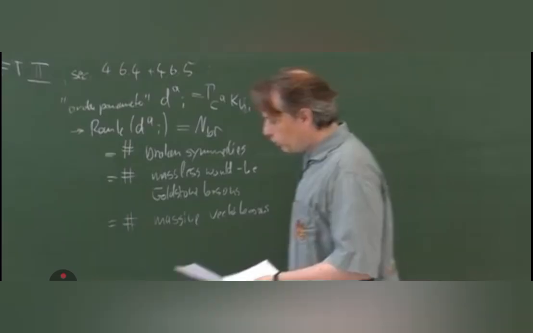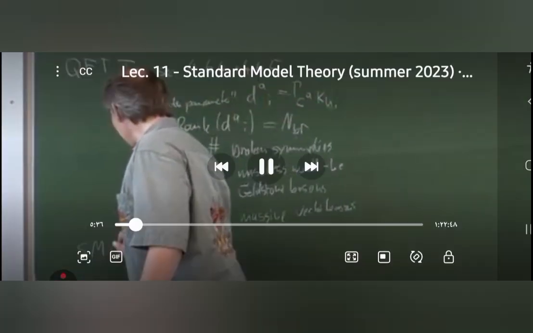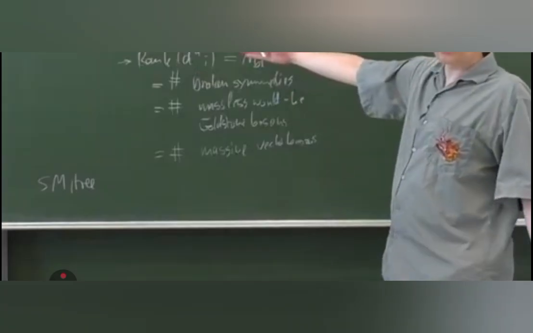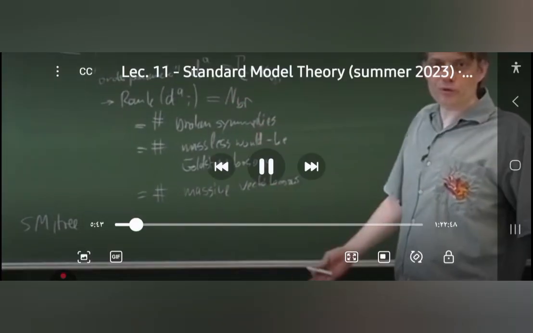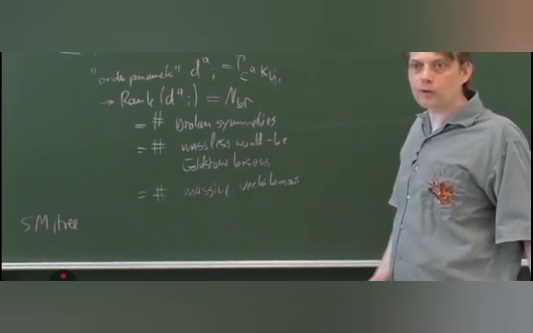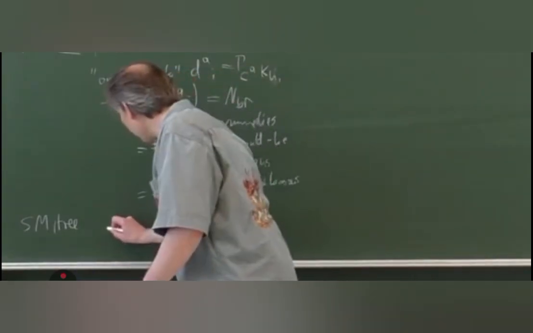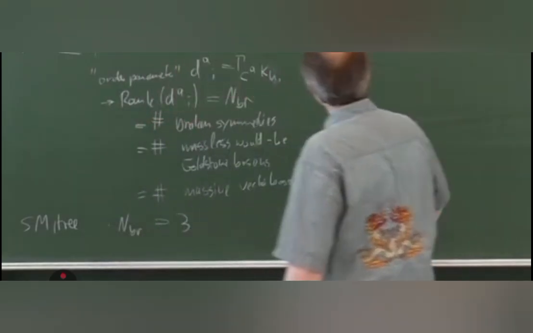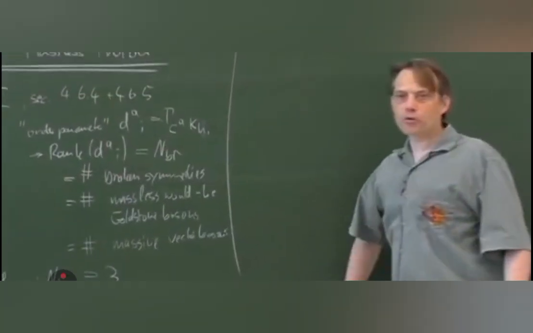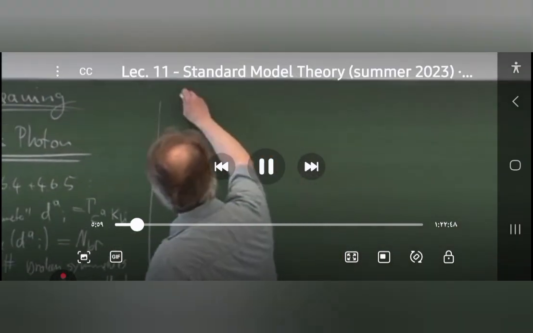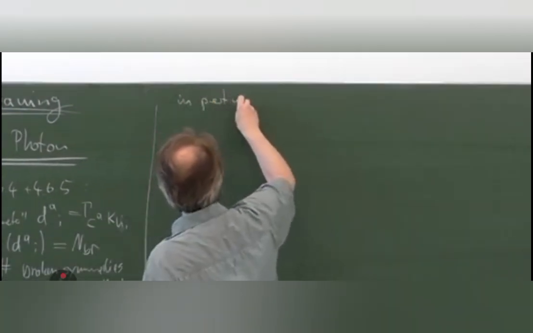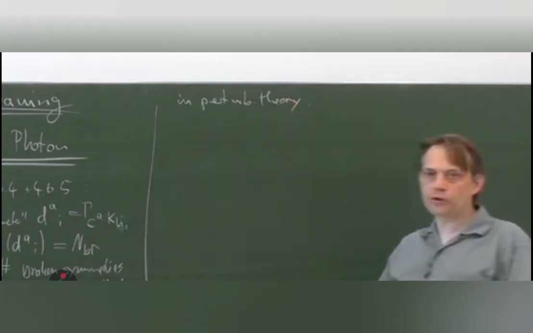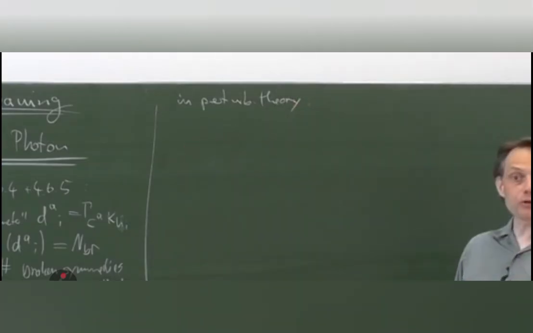Now, in the standard model at tree level, we know of course what is going on, namely in the standard model at tree level we have 3 spontaneously broken directions and therefore 3 massive gauge bosons and 1 massless photon. So here this n_broken is of course 3. So what does that mean for higher orders? In perturbation theory, the higher orders can only affect the lowest order in an infinitesimal amount.